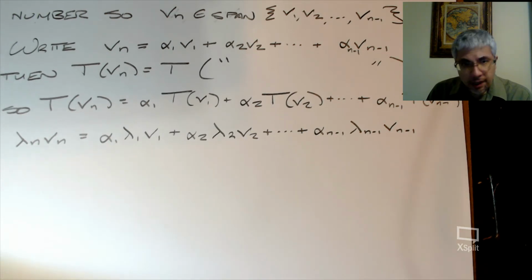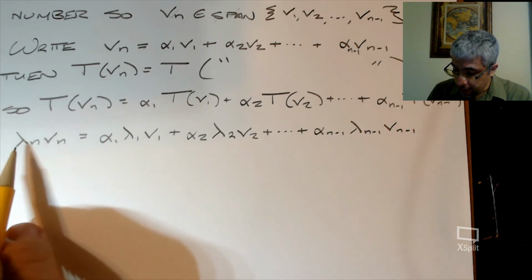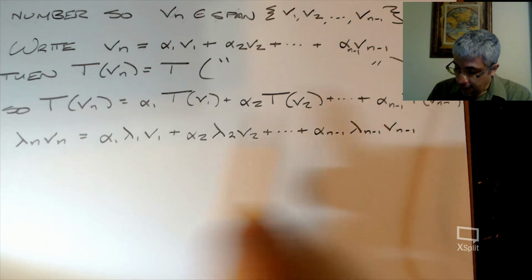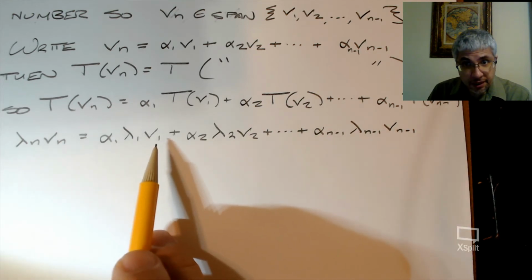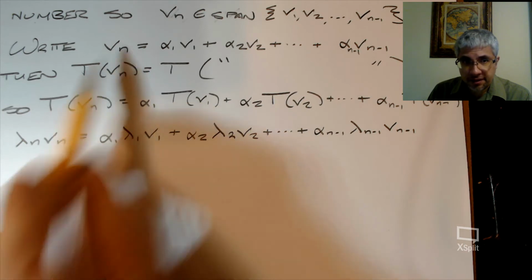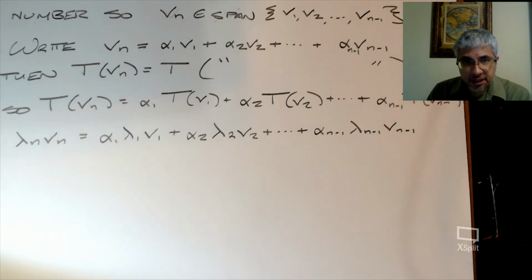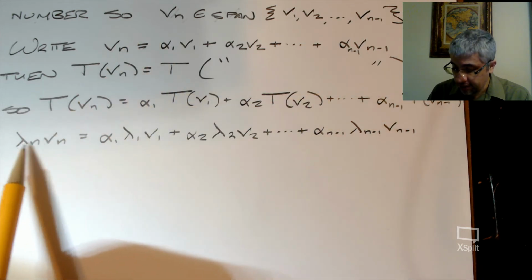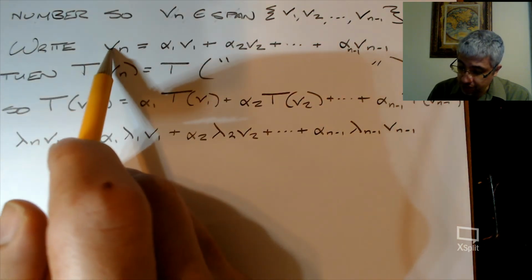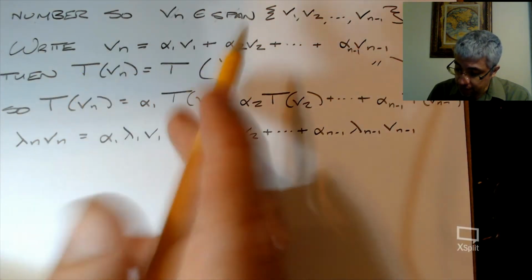So now where do I go from here? Well, I know that lambda n Vn equals this. And I got this from taking t of both sides. But I also have this. And I always tell you guys, if you don't know what you're doing, you could always think about plugging. I could just multiply lambda n to both sides.